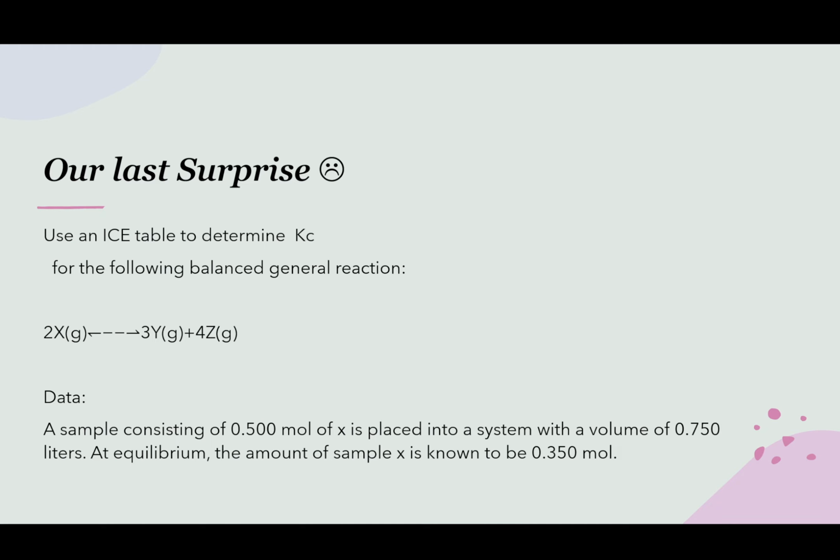It says use an ice table to determine the equilibrium constant Kc for the following balanced general reaction. The data provided is that a sample consisting of 0.500 moles of X is placed into a system of volume 0.750 liters.